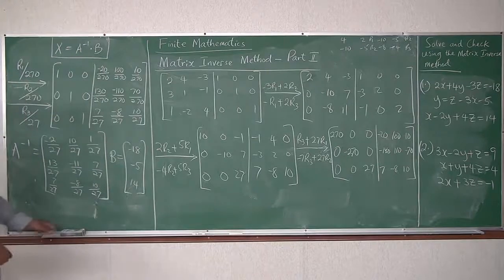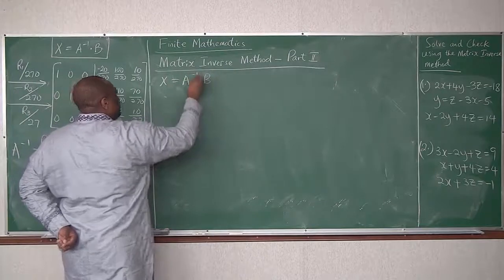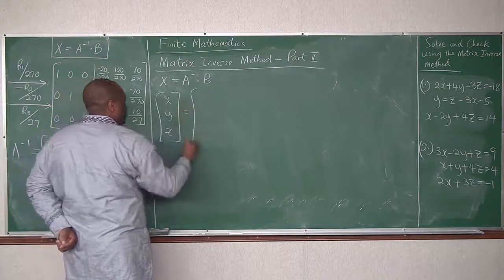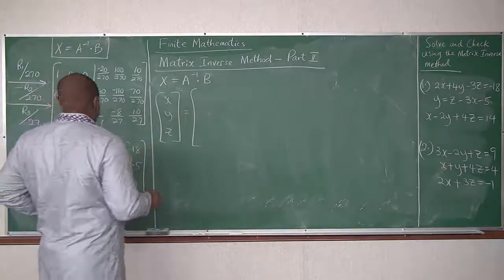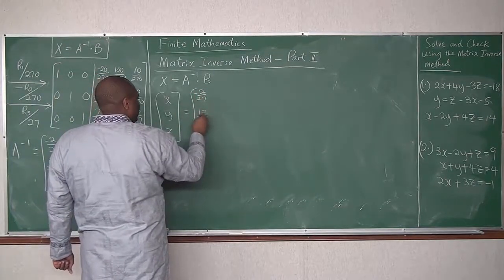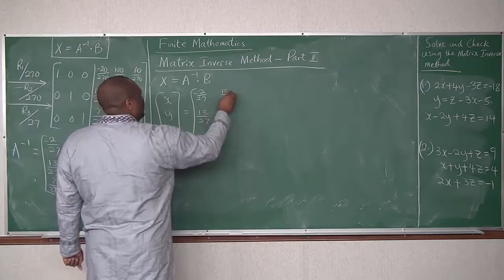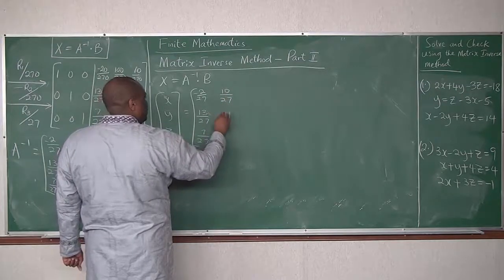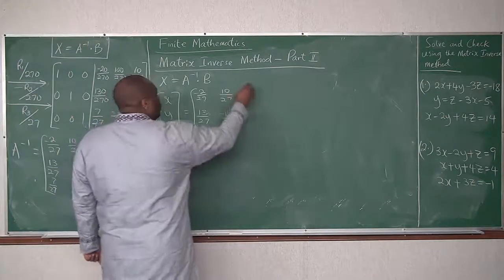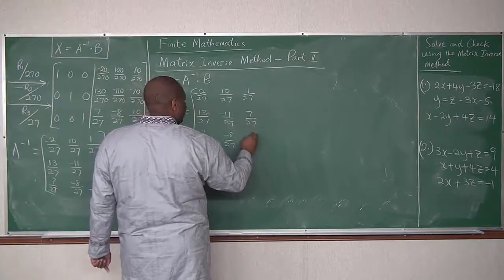So let's go ahead and find X. We see that our X is A inverse times B. And our X, Y, Z should be: A inverse is negative 2 over 27, 13 over 27, 7 over 27, 10 over 27, negative 11 over 27, negative 8 over 27, 1 over 27, 7 over 27, and then 10 over 27.